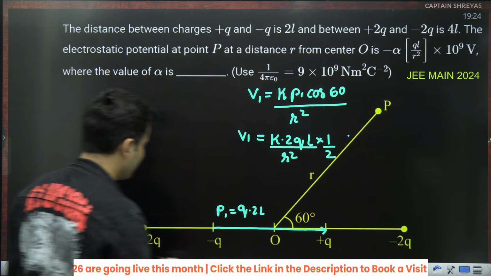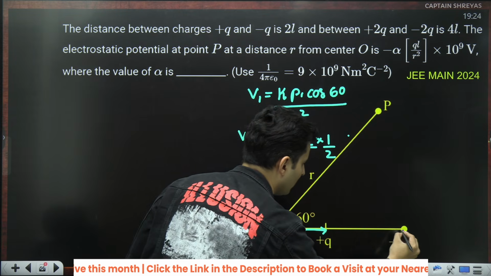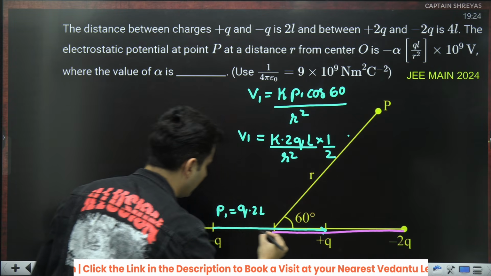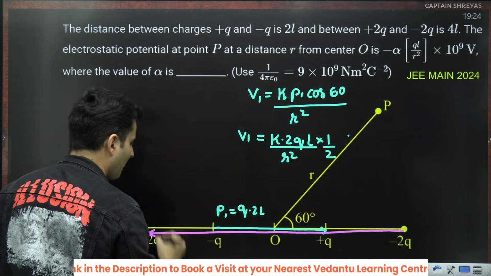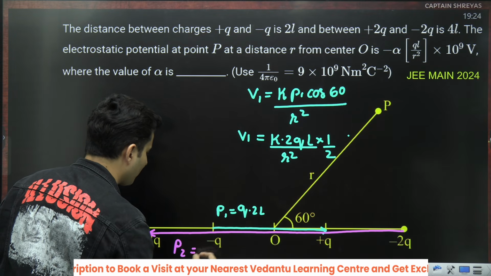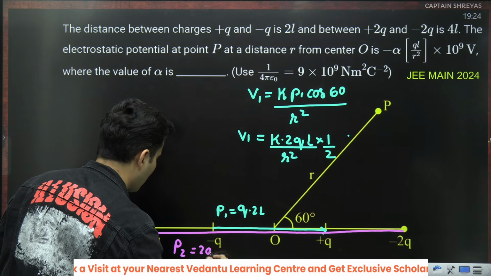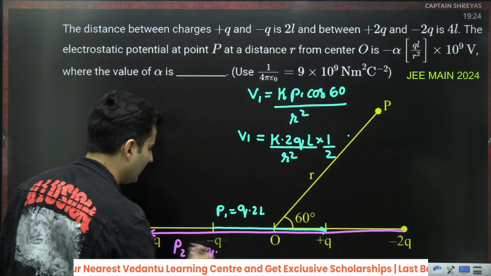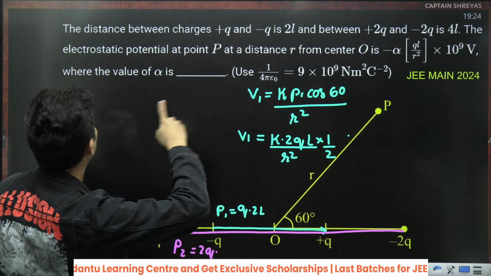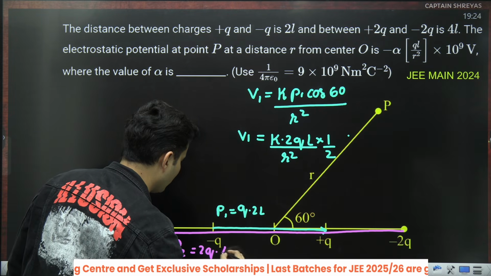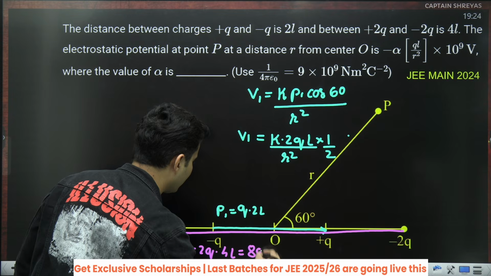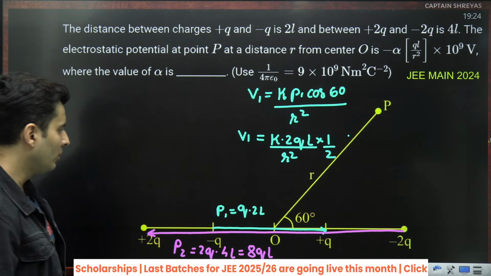Now you go to the other set of dipoles. You can see the dipole which has a larger length, this one, that is your P2, which has a dipole moment of charge 2Q into the distance. Distance is how much? 4L. So 4L means it is 8QL, which is the dipole moment.